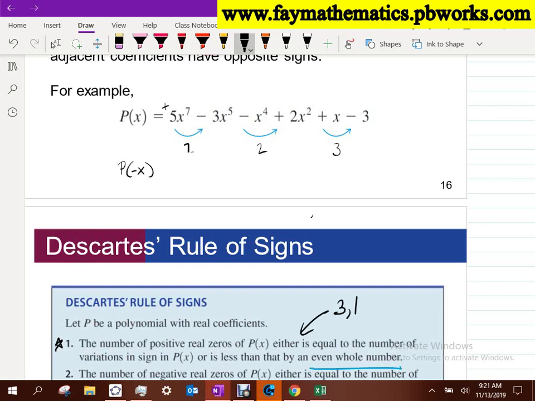So basically, if you've got all these positive zeros over here on the P of x, flip it over the y-axis and see how many of those show up as zeros on the left-hand side of the y-axis. So evaluating P at negative x and then looking at the sign changes there can tell us how many negative zeros we could have.